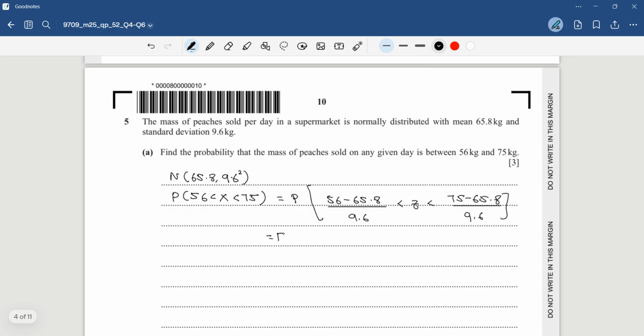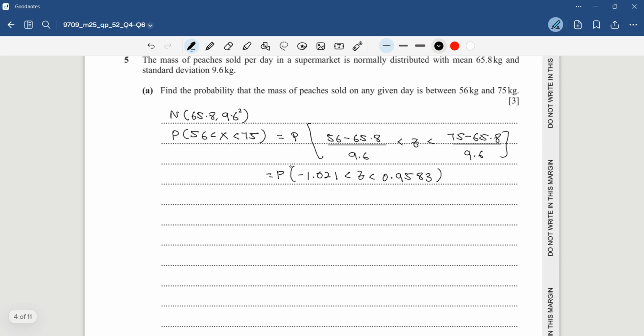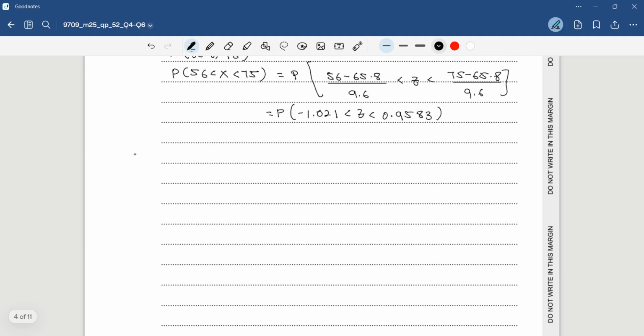So it's going to be the probability of z-score from negative 1.021 to 0.9583. Okay, so here I just draw a simple normal distribution graph.